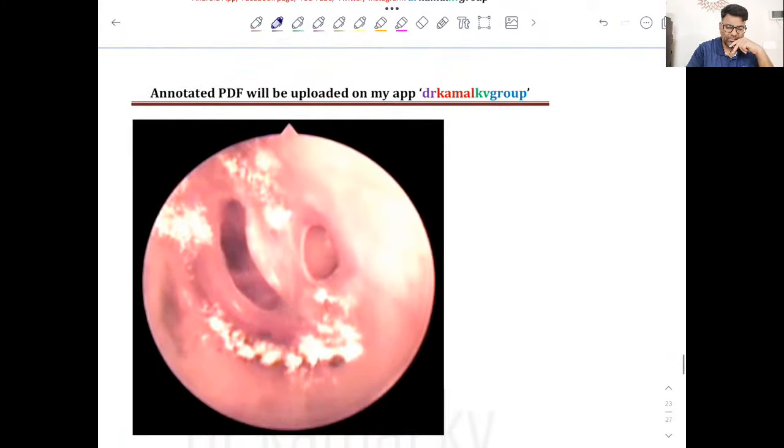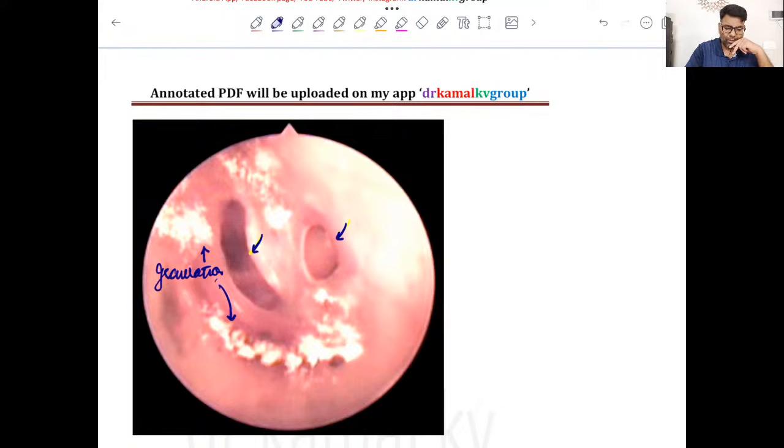Okay, and again you can see one perforation here, this is another perforation, and then you can see this is all granulation. Clear?